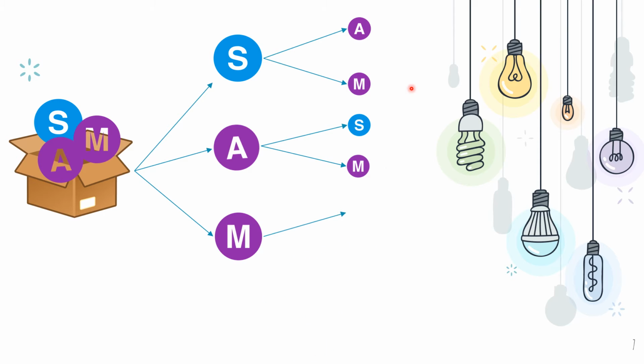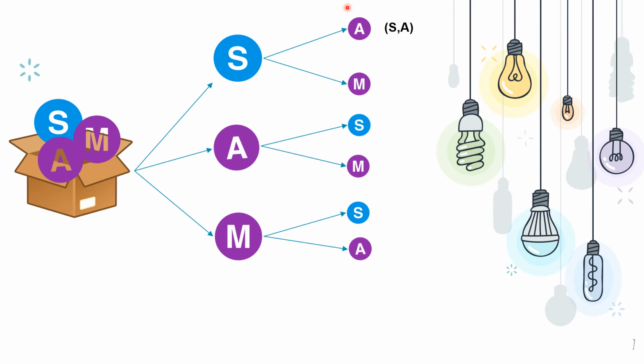The same goes for M. When M was taken on the first try, then there is no M for the second try. So now we have 6 possible outcomes.